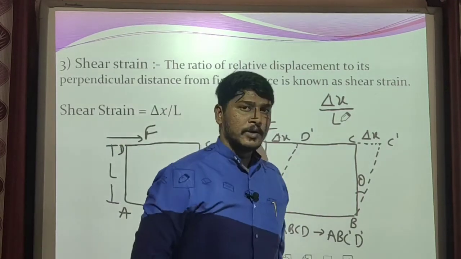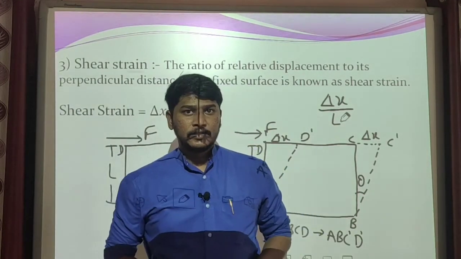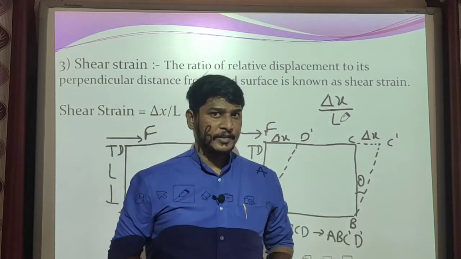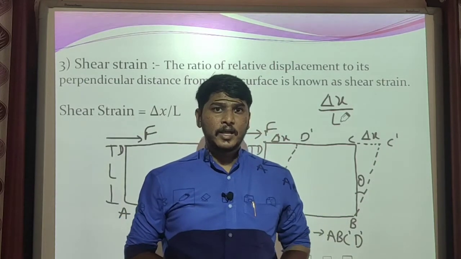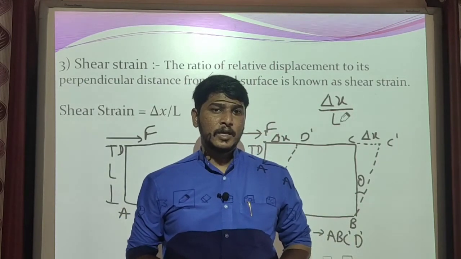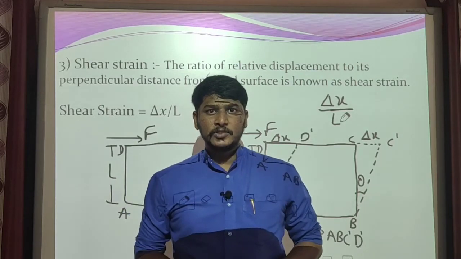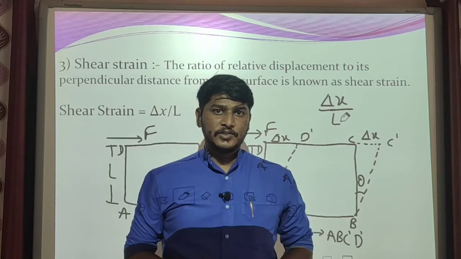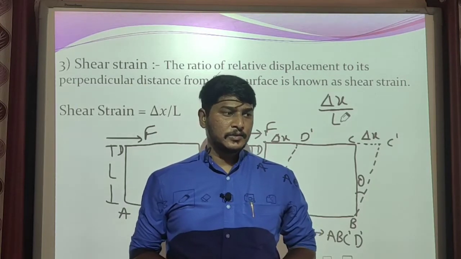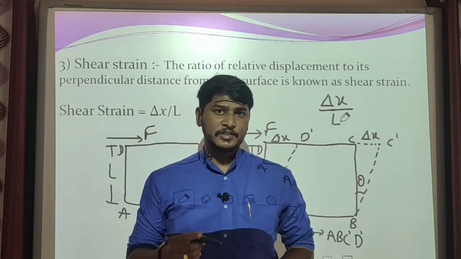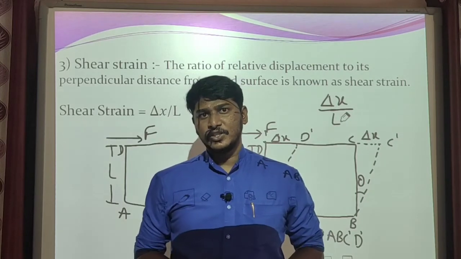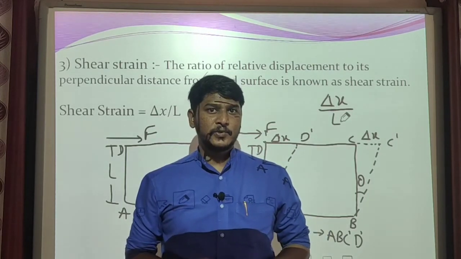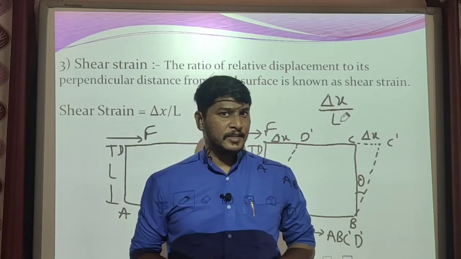Now we have studied three types of strain. In the first case, we applied a normal force on an object, and then we observed two types of strain. The first one is longitudinal strain, which equals the change in length to the original length; in this case, there is an increase in length.